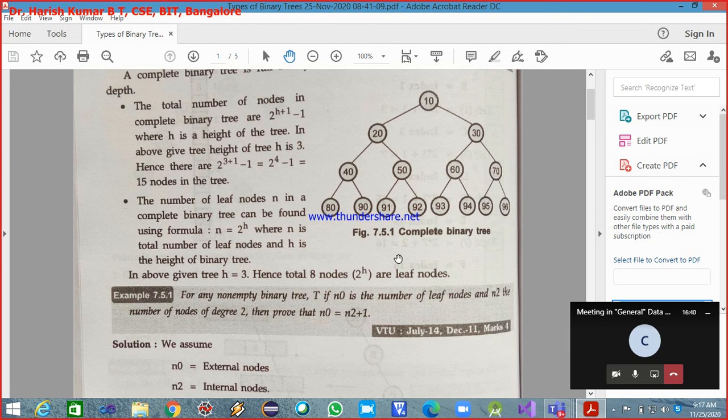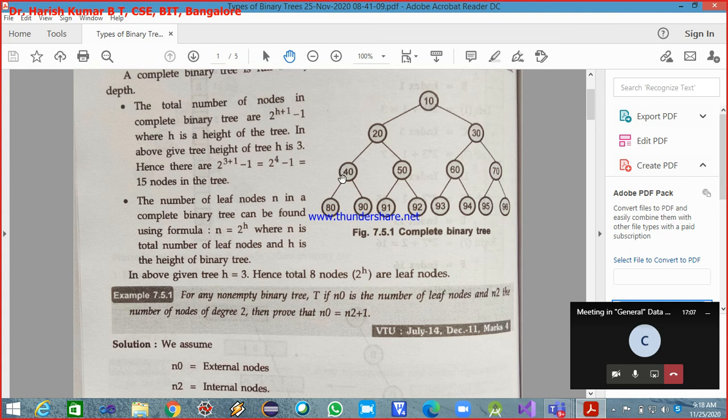Okay. Now here, see here, these are all the leaf nodes, and n2 is the number of nodes with degree 2. If you take this node, the degree is 2, so we don't take into account this link; we count only the links which connect the child nodes to itself.